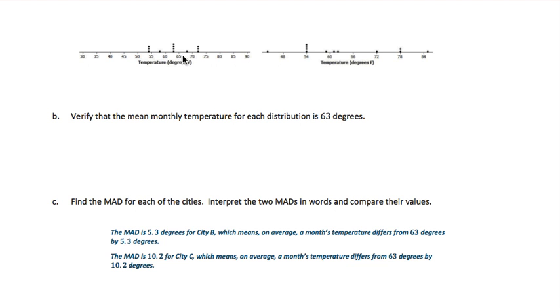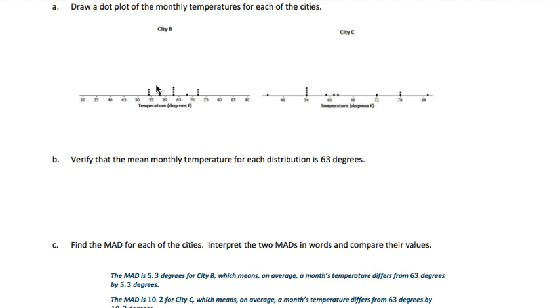To verify the 63 degrees, we could look at city B and the dot plot for city B. Notice we have a number of values at 63. We have 3 that are 10 degrees less, and 3 that are 10 degrees more, so they would cancel each other.